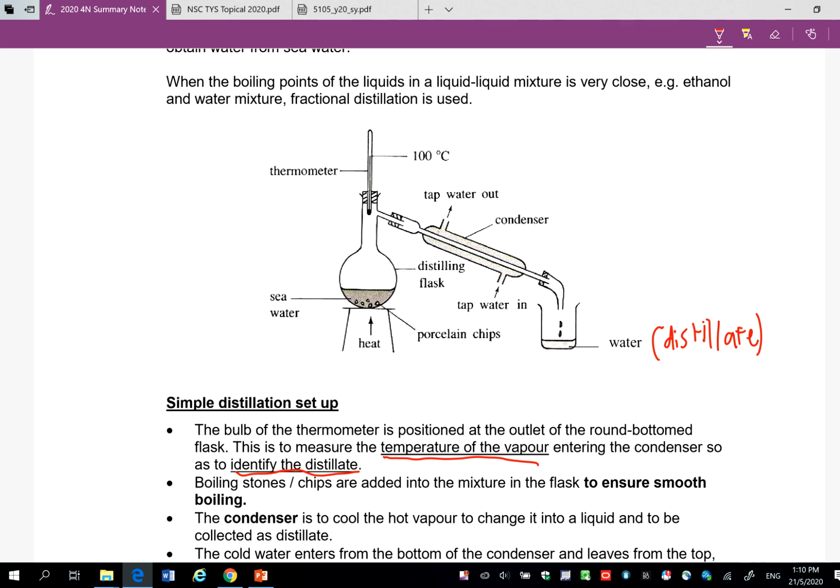Next, inside our round bottom flask, there are some porcelain chips, also known as boiling chips, to ensure smooth boiling. We also have a condenser over here. Always remember that the water in should be nearer to the exit of the condenser, to make sure that all the vapor can be cooled down from the gaseous to the liquid state.